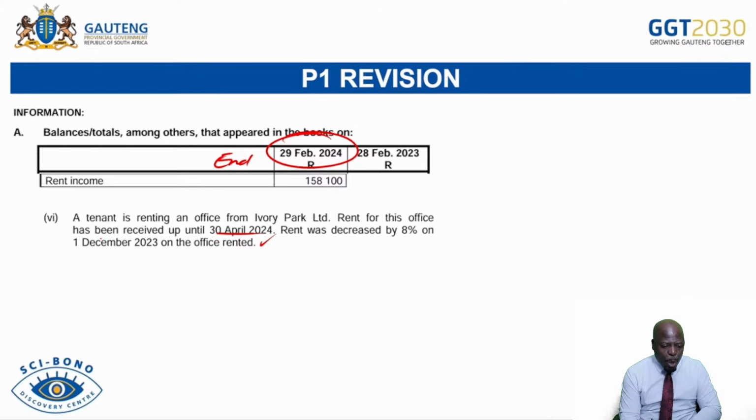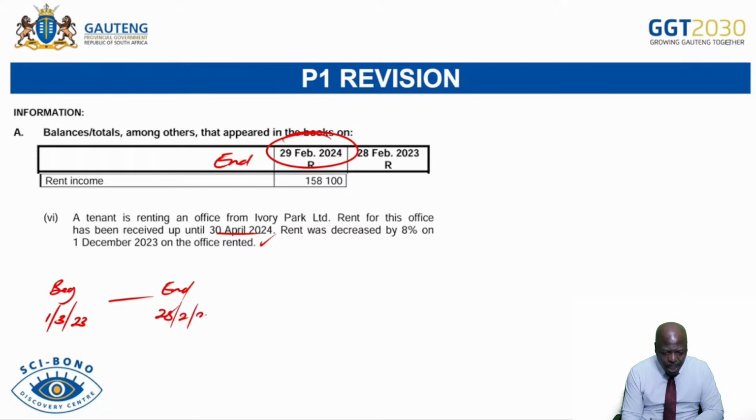So instead of the 12 months, because if it begins on the 1st of March 2023, it should end on the 28th of February 2024. That constitutes the 12 months for the financial year.